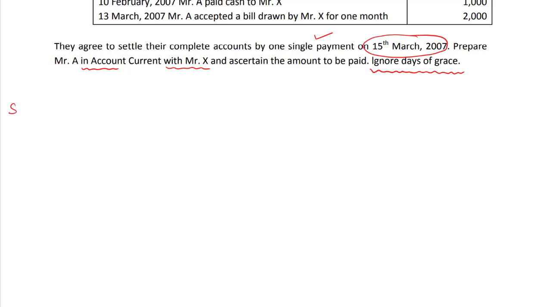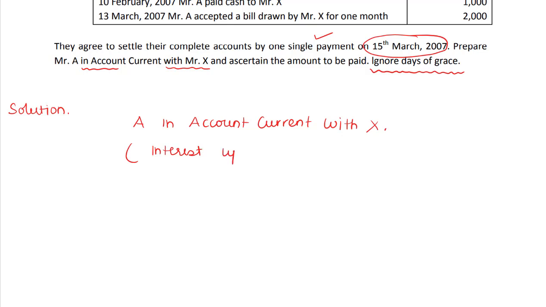Solution. A in account current with X. Interest up to 15th March 2007 at the rate of 10% per annum.